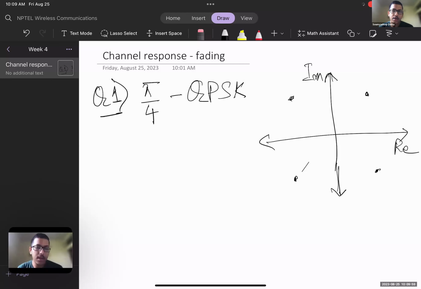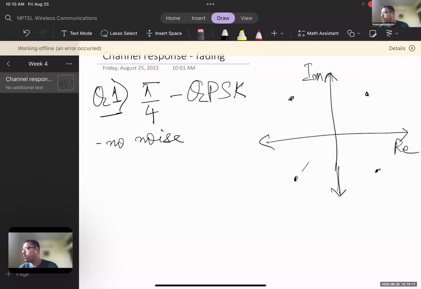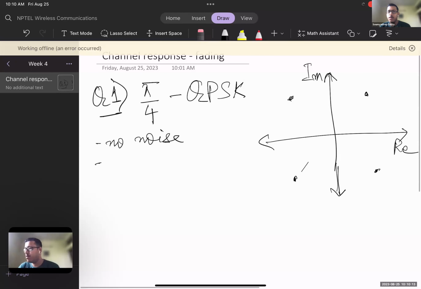You are told that there is no noise, and there is some user transmitting these pi by 4 QPSK symbols over the channel.